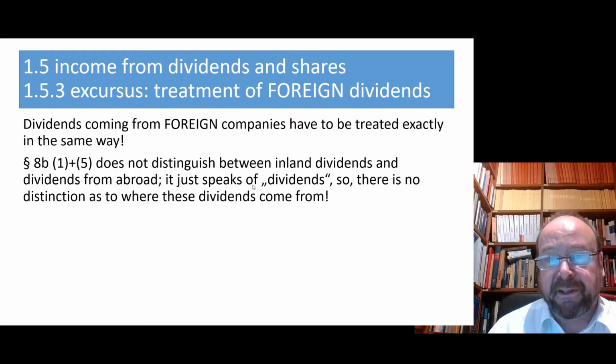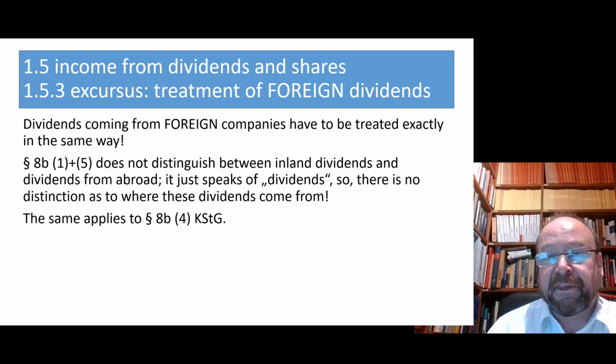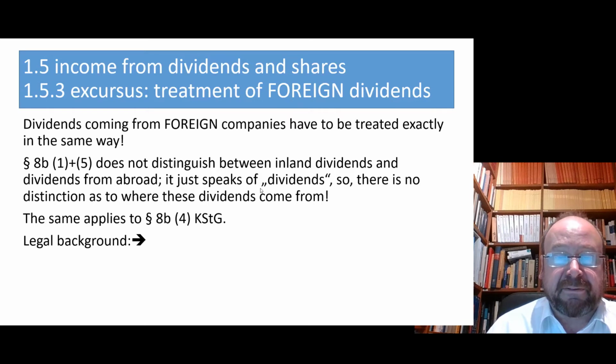The text of the law just speaks of dividends, so there is no distinction made between inland and dividends from abroad. The same applies to the 10% rule in 8B4. Also that applies to inland and dividends from abroad in the absolute same way.